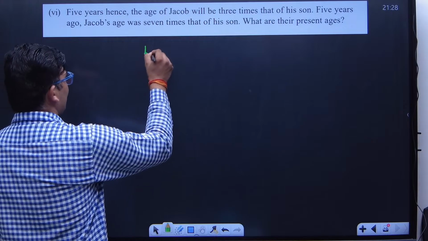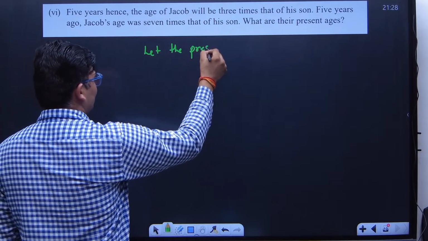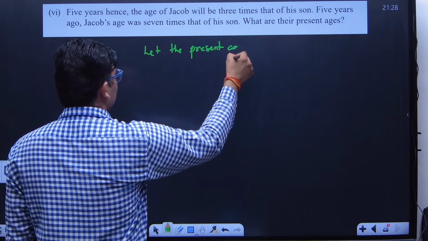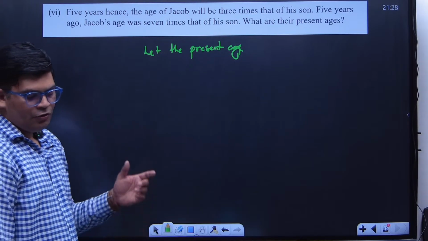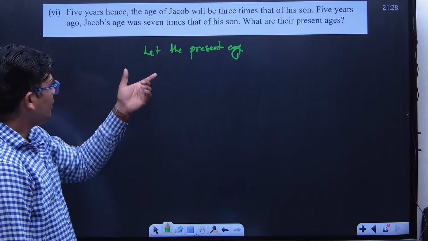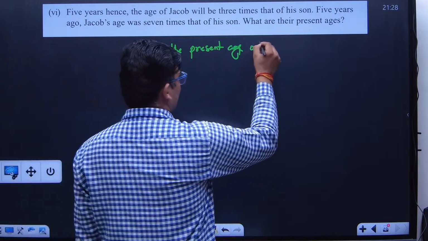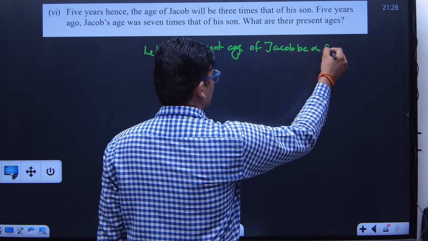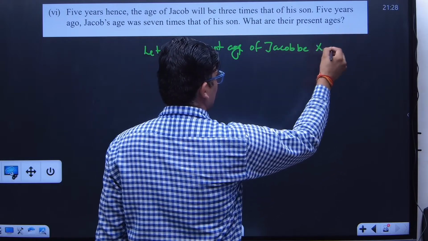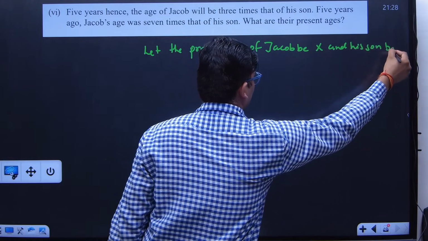So let the present age. Always when you are going on with the questions involving ages, you have to write only present age. So let the present age of Jacob be x, and that of his son be y years.